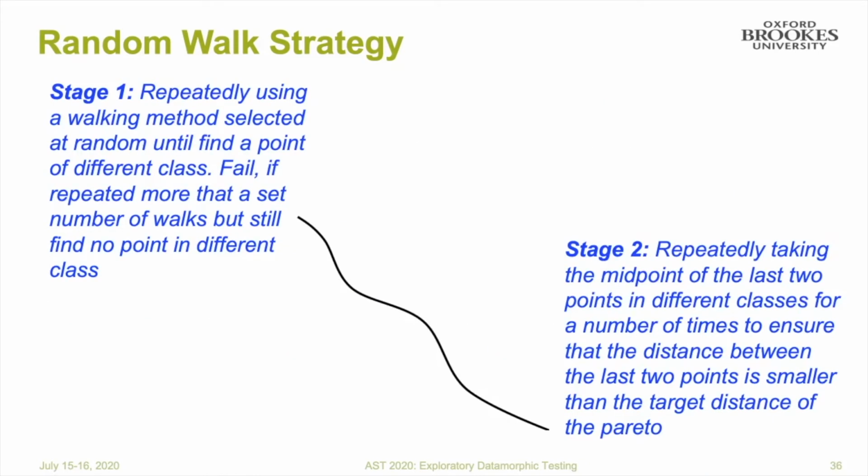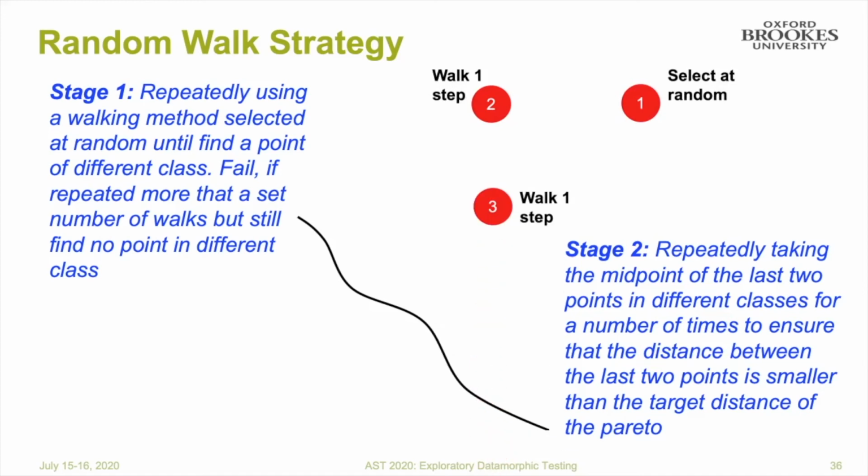The third strategy we propose here is a random walk strategy. It's similar to the directed walk strategy, but the difference is we use a number of different unary datamorphisms to walk through the input space until we find a point which is in a different class. In addition to using a number of different datamorphisms, the choice of which one to use is random.